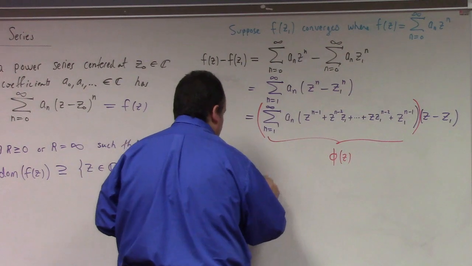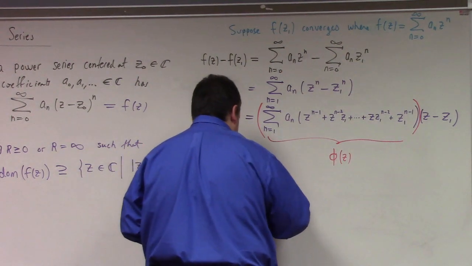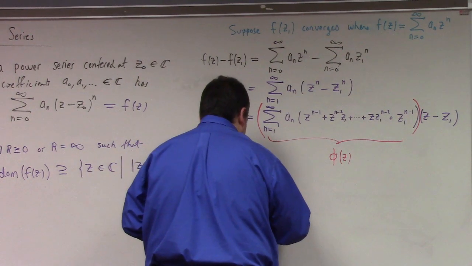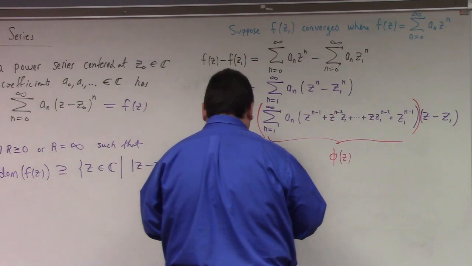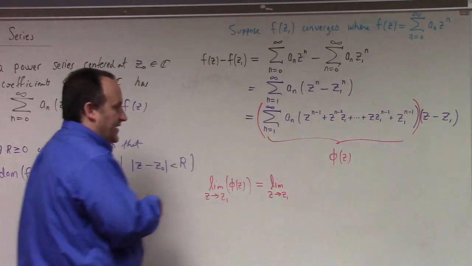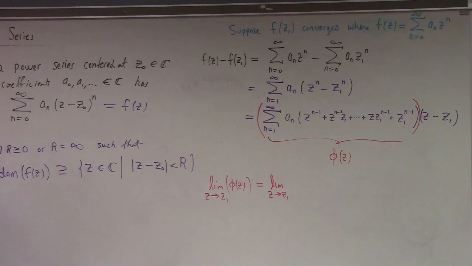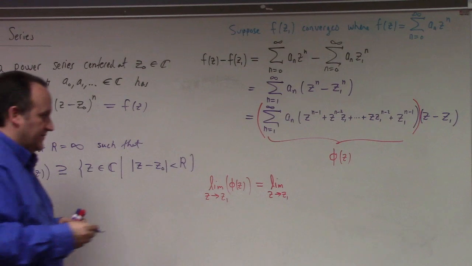Well, let me write out more carefully what this actually means. We're looking at the limit as z goes to z1. And how do you make this series careful? What's the precise definition of that? Anytime you have a limit going to infinity in a series, that's actually implicitly another limit, a limit of the sequence of partial sums.